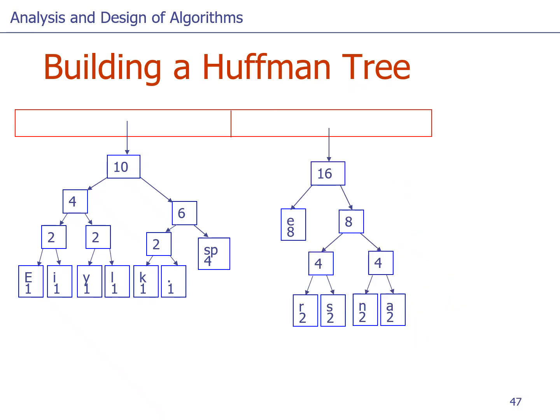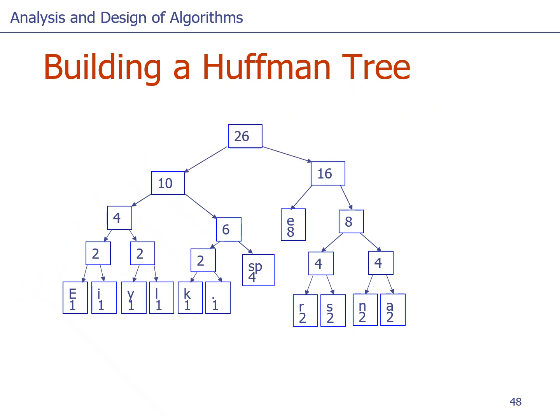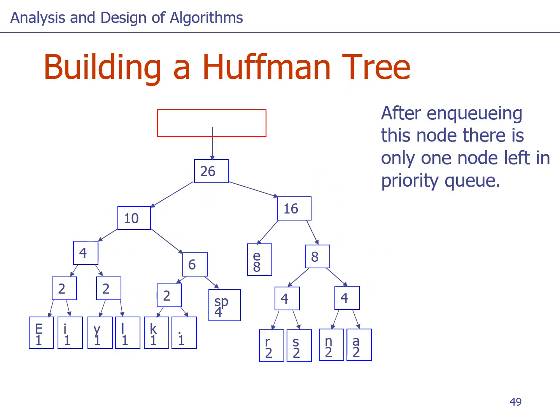Now I'm going to dequeue these two huge trees. Not really huge, but big trees. Create a new node for them. And that is the end of all of this. This is now the picture. Once I discover that in my priority queue there's only one node, I should stop, because there's nothing else according to the algorithm I could do.